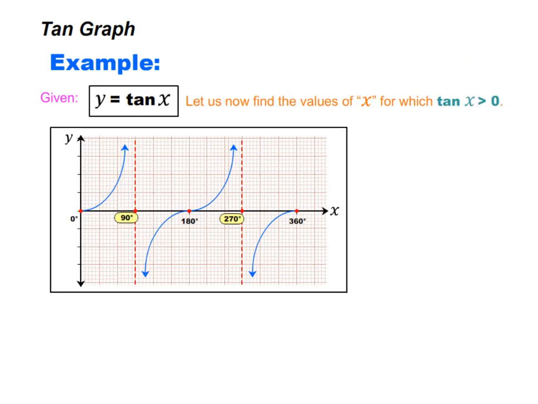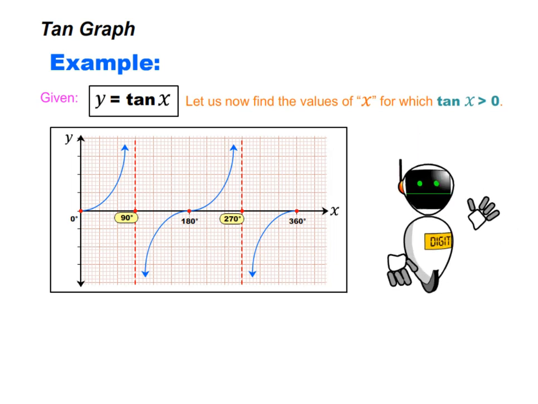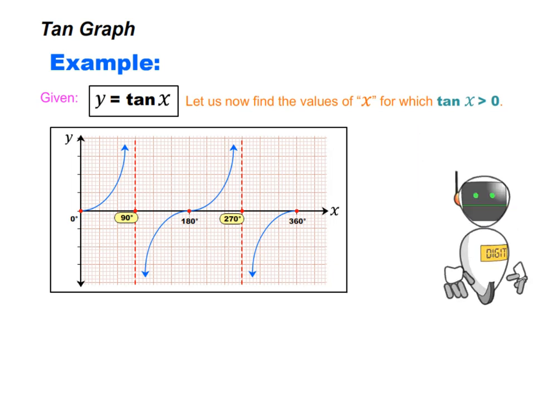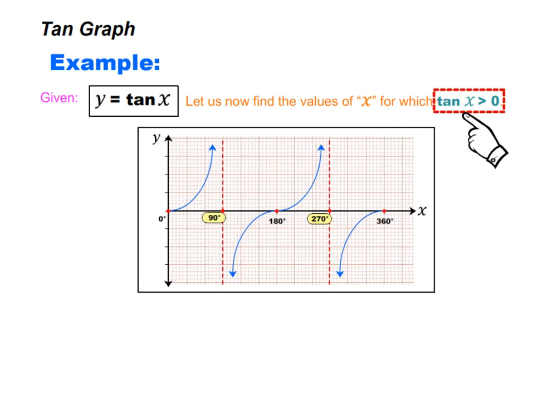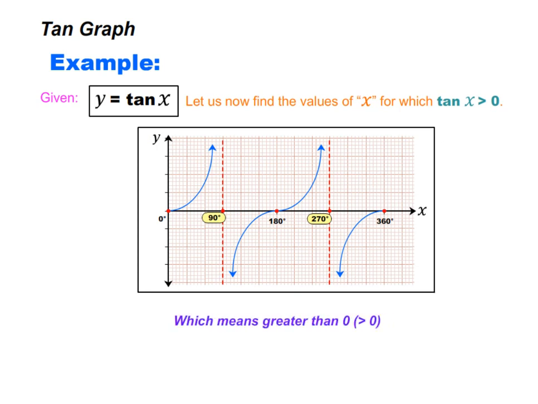Let us now find the values of x for which tan x is greater than 0. In simple terms, what does that mean? Tan x is greater than 0 means we should find the interval on the graph where the graph is positive, which means greater than 0.